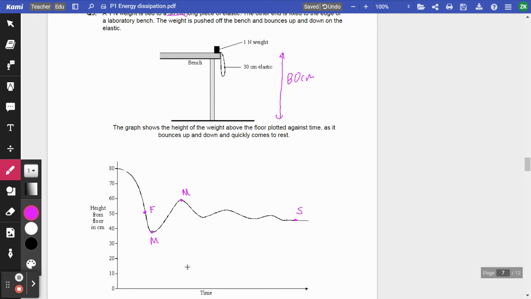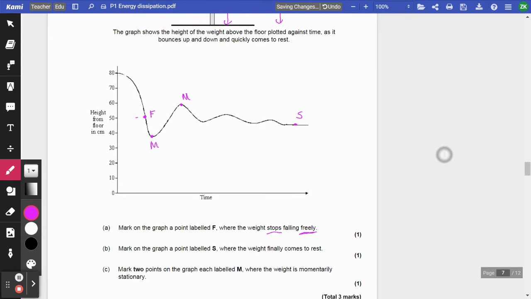So it's just at the point where it reaches 30 centimeters, which will be 50 centimeters from the ground, just before the elastic band starts to stretch. That point is labeled F there, and if you go across, that's 50.